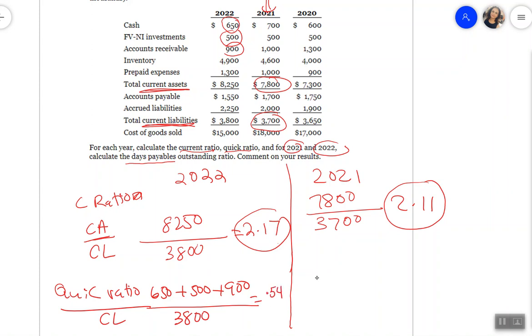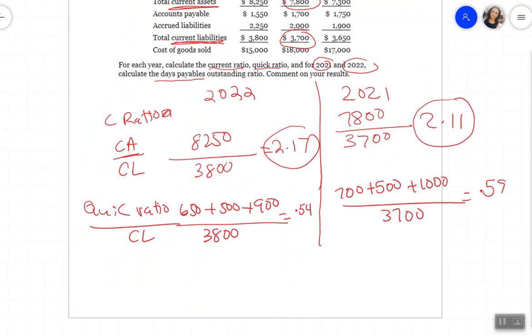Then for year 2021, your 700, your 500, and your 1,000 divided by your current liability gives an answer of 0.59. And then you calculate the days payable outstanding, for 2022 and then for 2021.